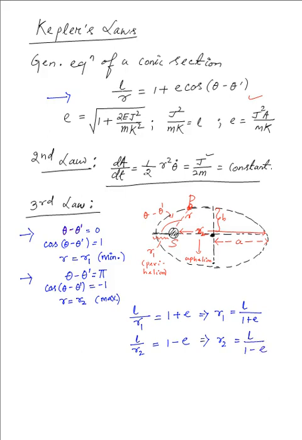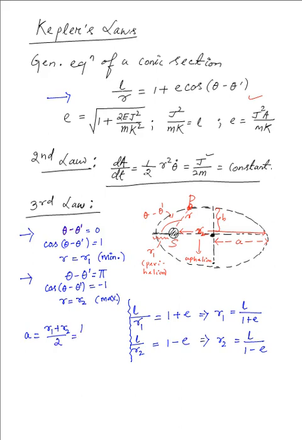Now from this what we can get is that A is equal to (r1 plus r2) divided by 2, that is the total length and the half of it.